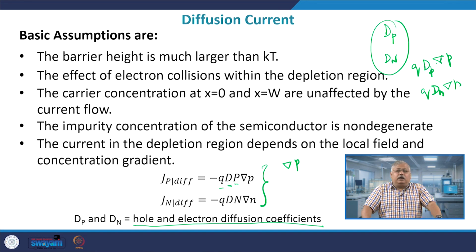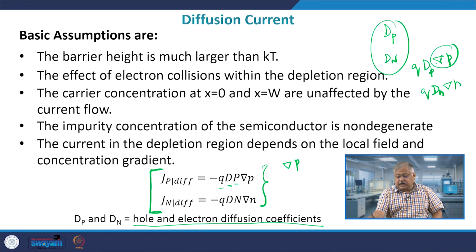We therefore end up with these two expressions, the diffusion currents for both p type and n type semiconductors, where del p and del n are the spatial distributions of holes and electrons respectively.